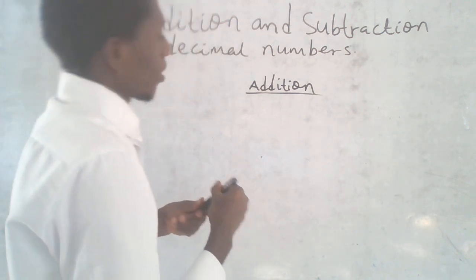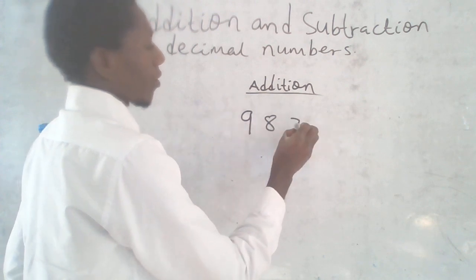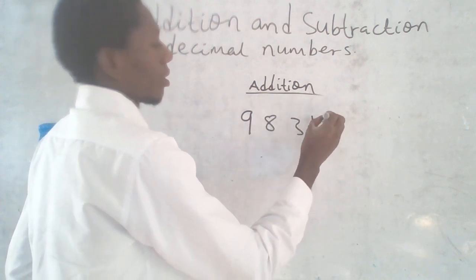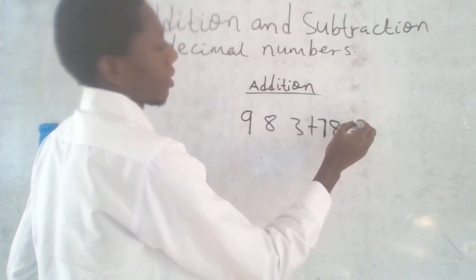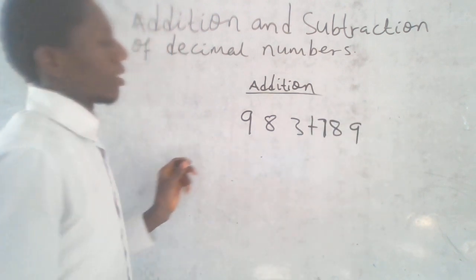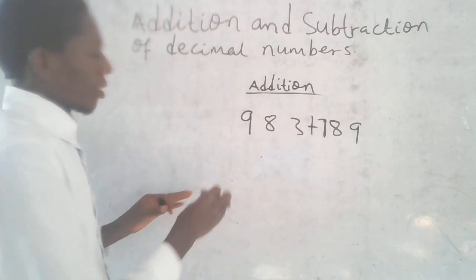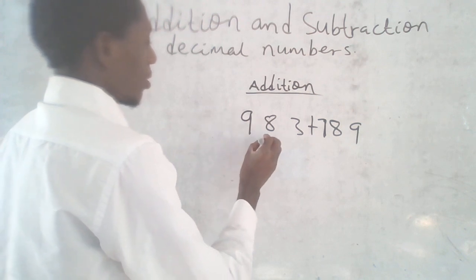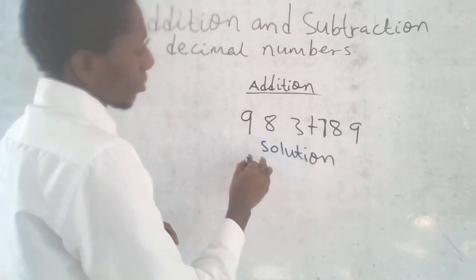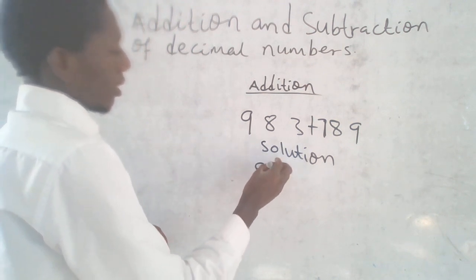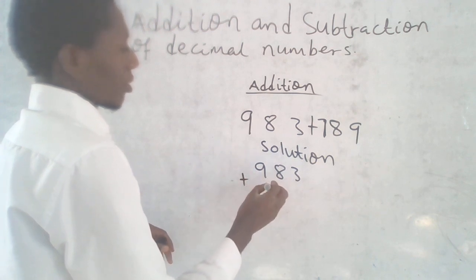And now, if you have maybe 983 plus 789 plus 789. Now, this is where you need to carry other numbers. Okay, so this is the solution: 983 plus 789 plus 789.